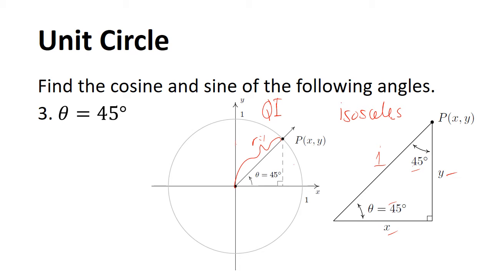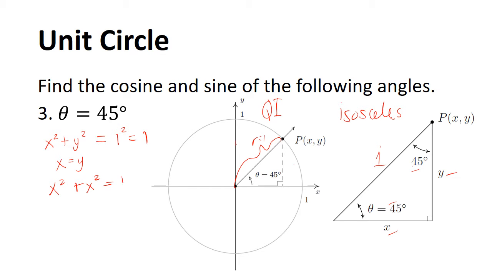And by applying Pythagorean theorem, the sum of the squares of the sides equals the square of the hypotenuse, which is equal to 1 squared or 1. And since x equals y, pwede natin palitan yung y dito ng x lang din.